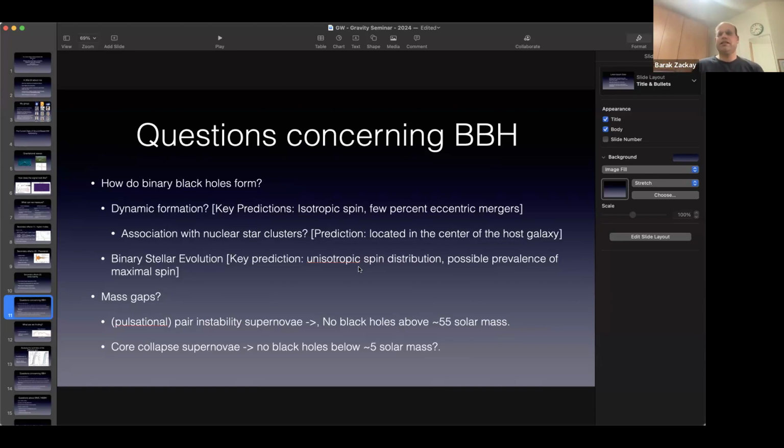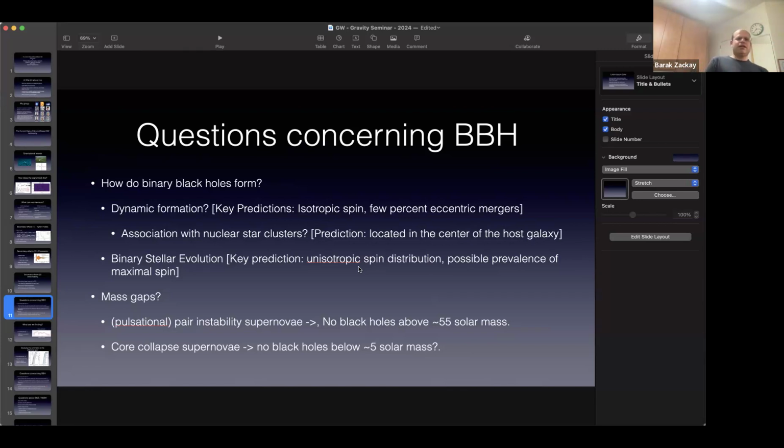And what you will see is an eccentric merger in band. There's an expectation of a few percent. Now you can discuss with people in the community whether it's 0.5% or 2%, but there's a clear prediction that eccentric mergers should exist.